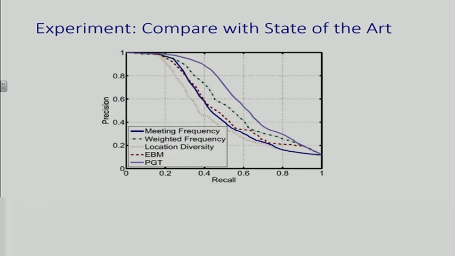So now let's look at the experiments. This experiment has been done on a location-based social network where a bunch of users who are friends with each other, which is probably pre-identified, act as ground truth. This is an imbalanced data set, as you can understand, because there can be a large number of pairs of users within a data set, and a small number of them are going to be friends with each other.